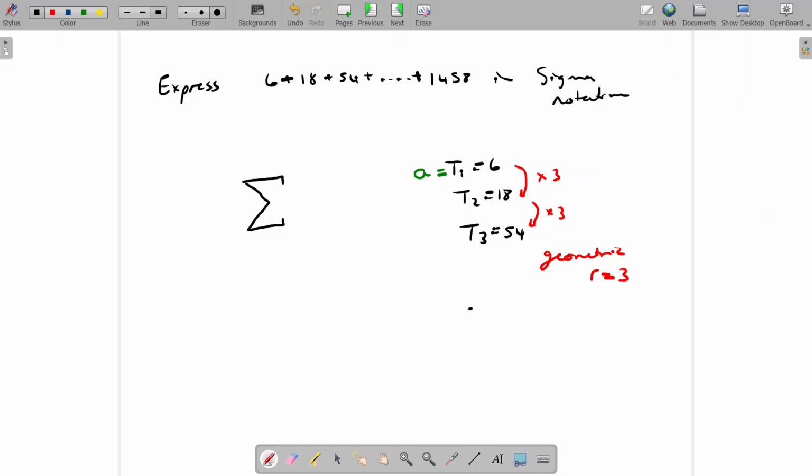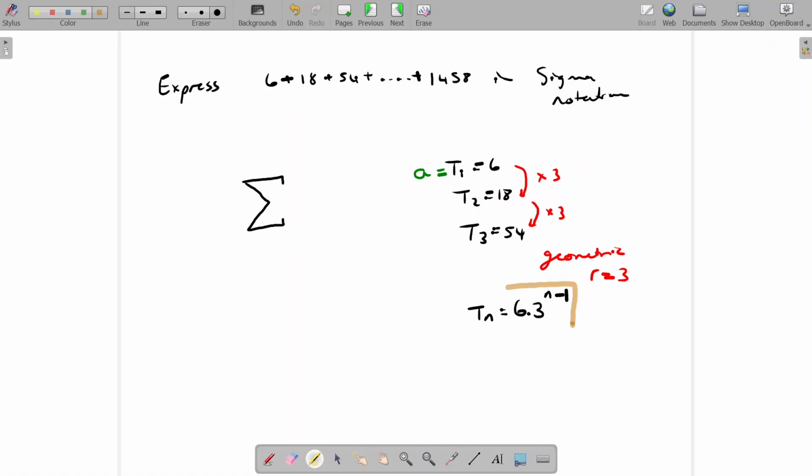We know that therefore Tn equals 6 times 3 to the power of n minus 1. And as we said earlier, this is the term, so this is what's going to go over here under the term. So we know it's going to be 6 times 3 to the power of n minus 1.